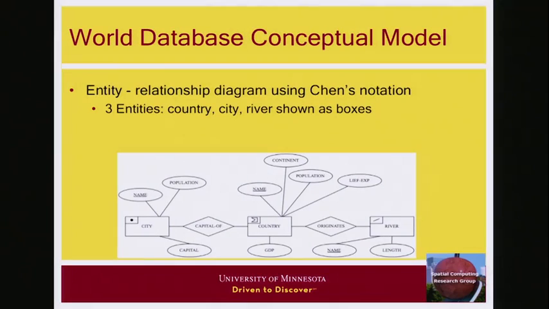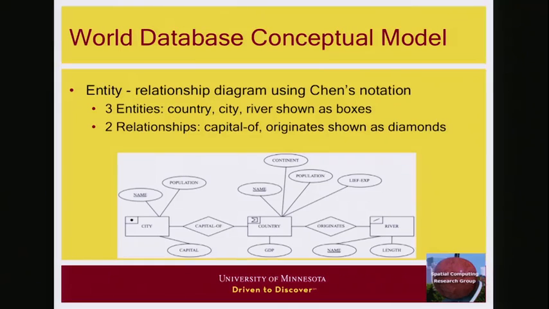So the 3 entities we just introduced, they show up as 3 boxes in this picture. So you can see on the left a box named city, in the middle a box named country, and on the right a box named river. So these 3 are the 3 main entities or the tables in your relational database. The 2 relationships we described, capital and originates, they show up as diamonds.